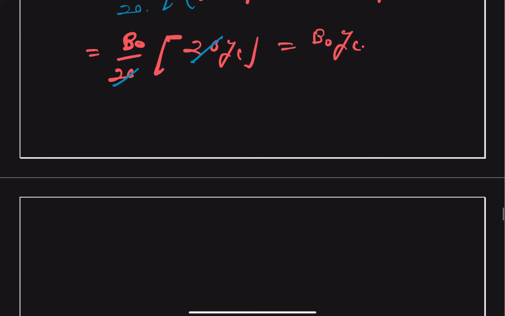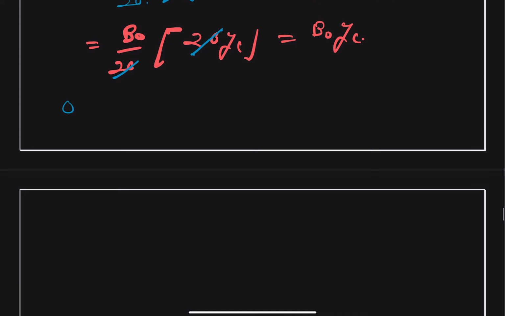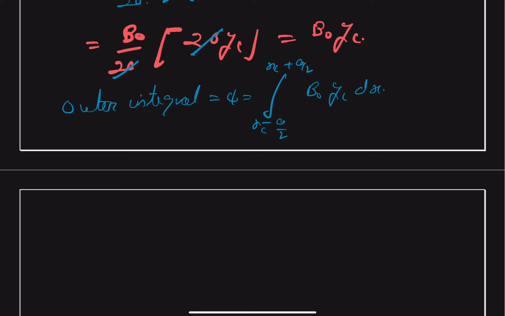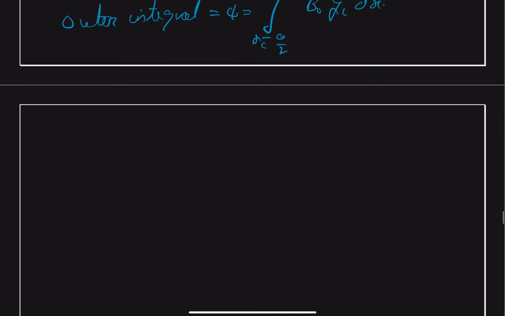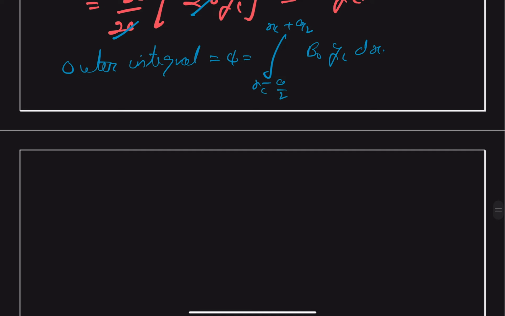Now we are going to solve for the outer integral, where we get our phi. The limits are xc minus a by 2 to xc plus a by 2. This comes as b naught yc dx. Now this is quite simple.